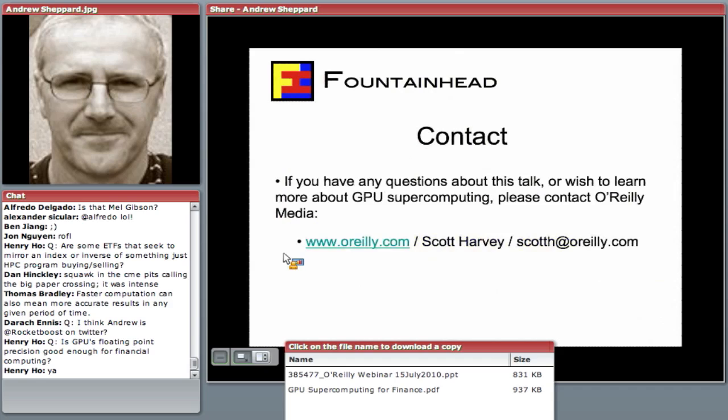Yes, we do. Henry was asking, are some ETFs that seek to mirror an index or inverse of something just HPC, program buying, selling? I really don't know what that means. HPC is usually high performance computing. Basically, ETFs seek to be like a stock, but they're really an aggregate collection of stocks, like a little portfolio.